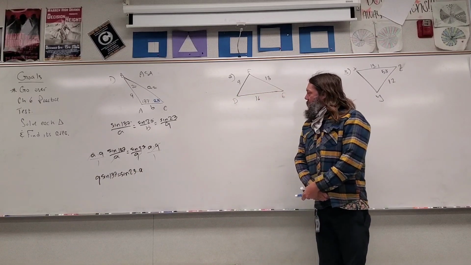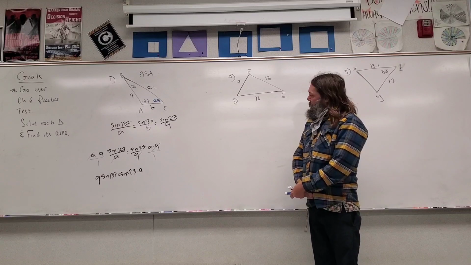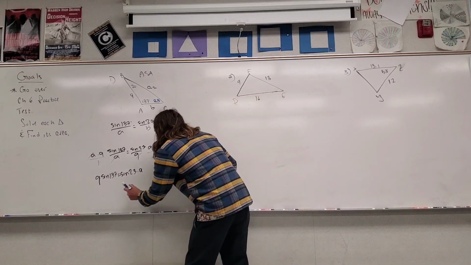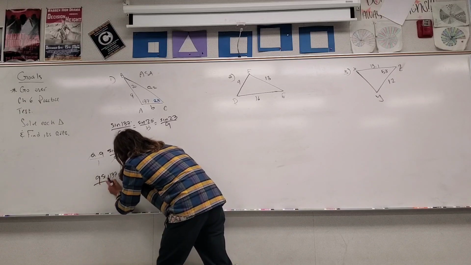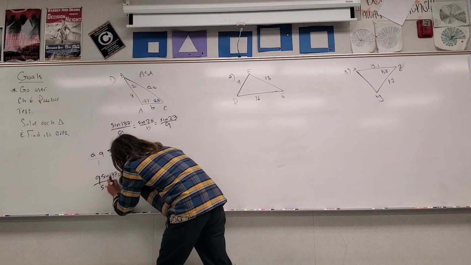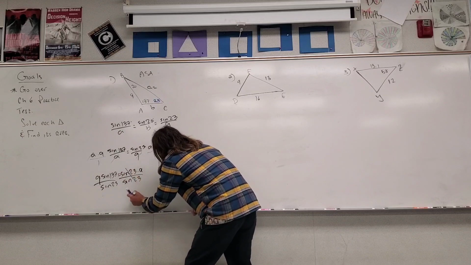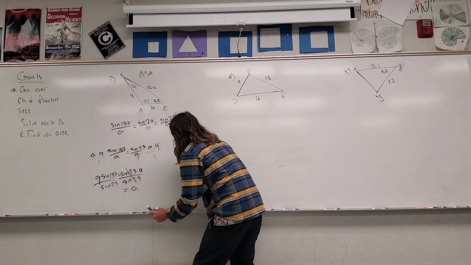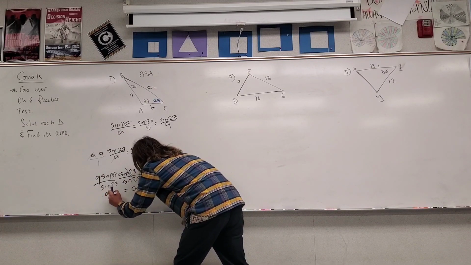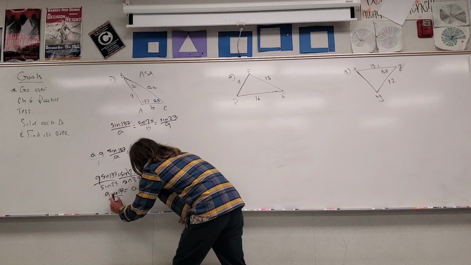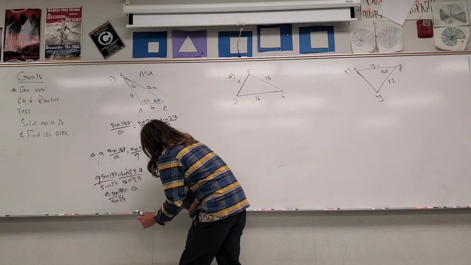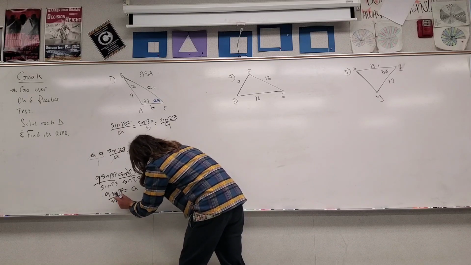Okay, let's go ahead and divide away the sine of 23 on both sides. And that means that the length of A is equal to 9 times the sine of 137 divided by the sine of 23.